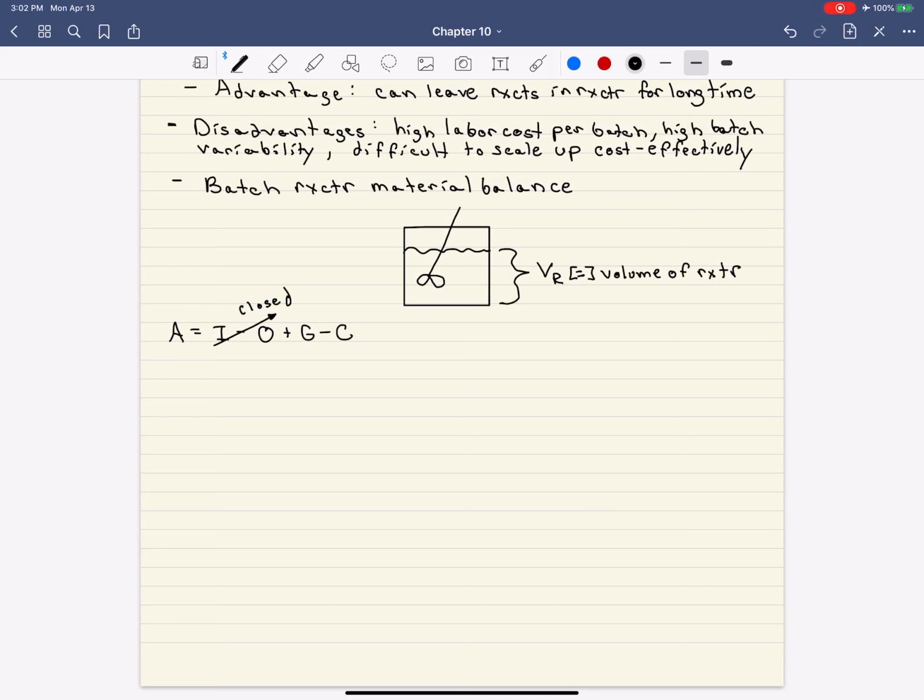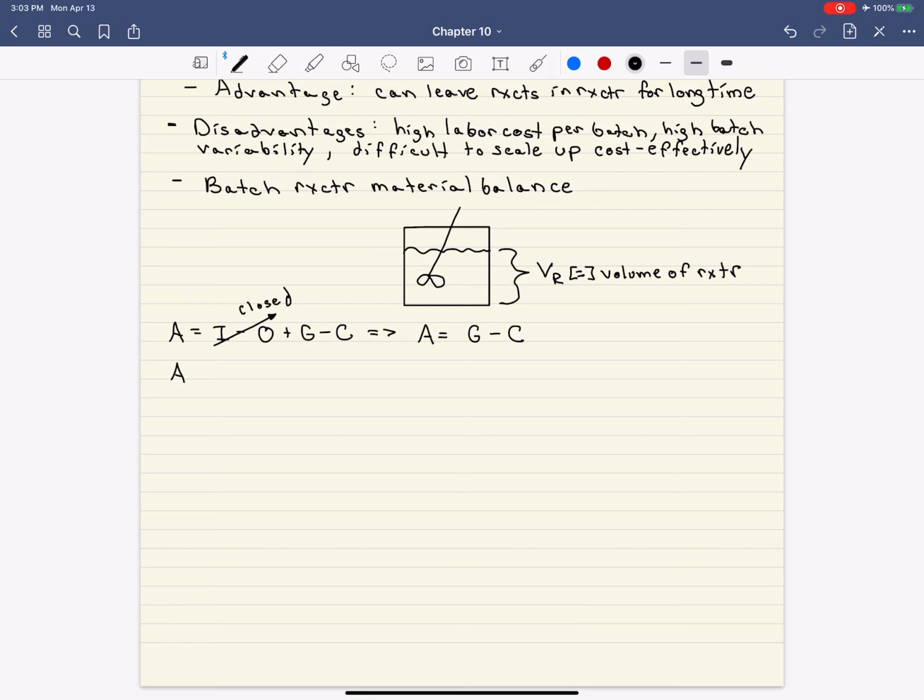All right. And so what that means is for the batch reactor, really the only terms we need to care about in our material balance are the accumulation term and also the generation and consumption terms. All right? Okay? And so let's say in our batch reactor we cared about the reactions involving some species A.